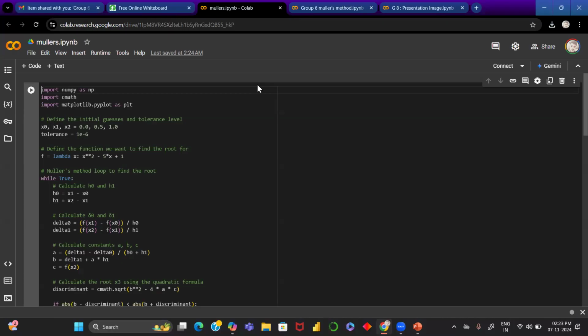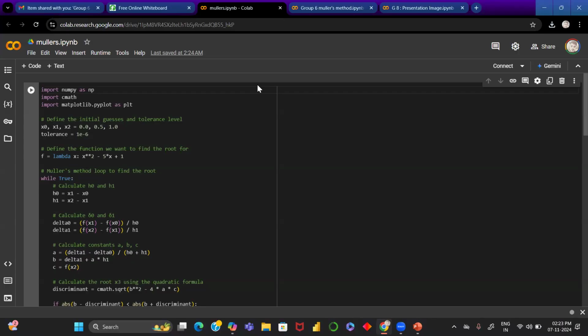We also set a tolerance level of 1 times 10 raised to minus 6, which determines how close to the actual root we want our solution. Then we define the function for which we want to find the root, which is x square minus 5x plus 1. The lambda function allows us to calculate f of x for any x.